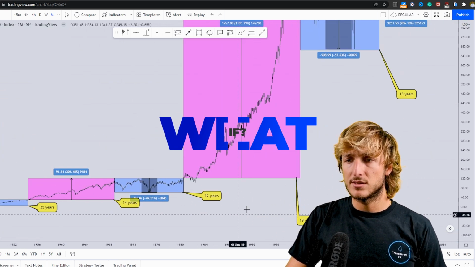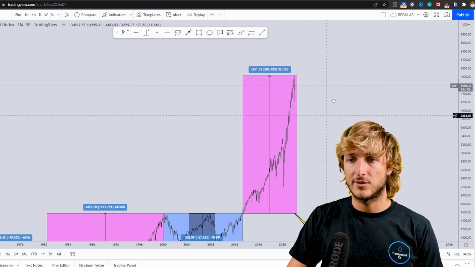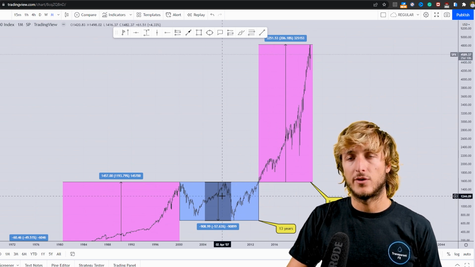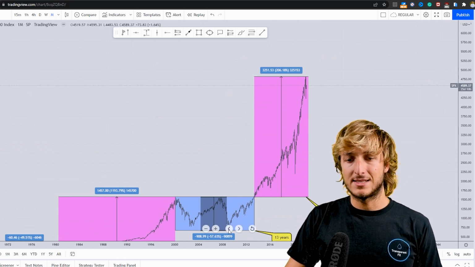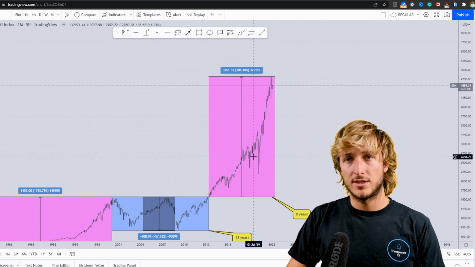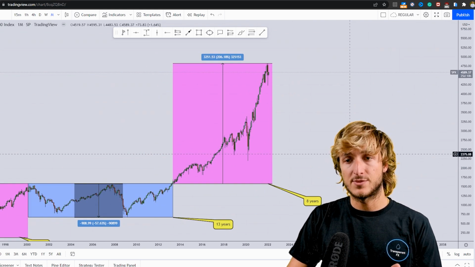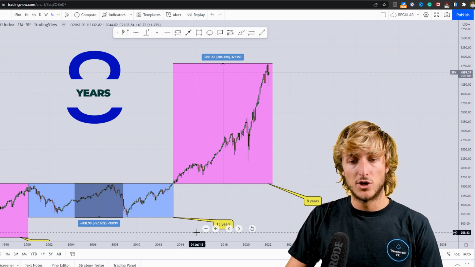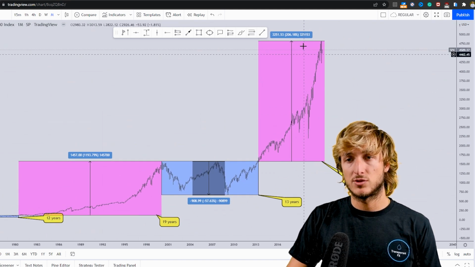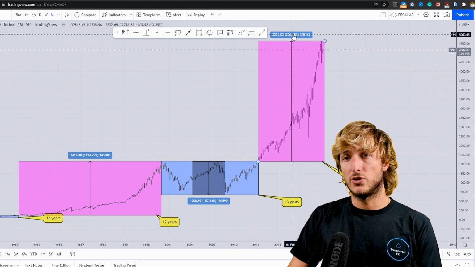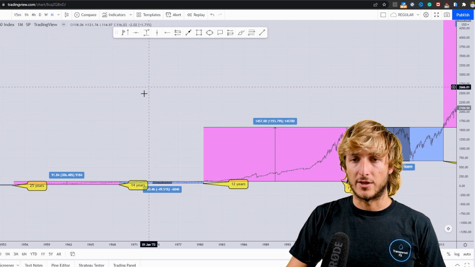Now, if the market were to stop the bull run right now and enter from here inside of another of these ranging phases and accumulation zones, what would happen is that this would be the smallest bull run historically, both from a time horizon perspective, because it's been only 8 years, so it would have been the shortest one from a time perspective, but also the smallest one when we speak about gain, because we only gained 200% here, while even the smallest one was 300%.